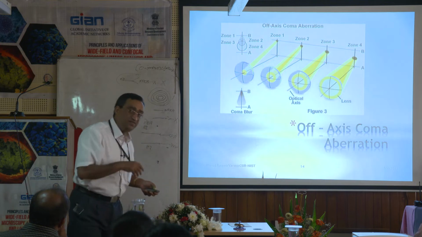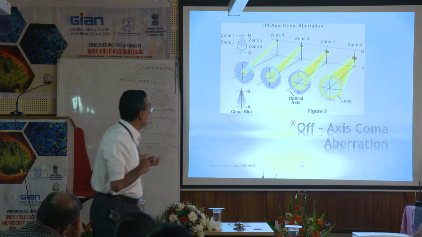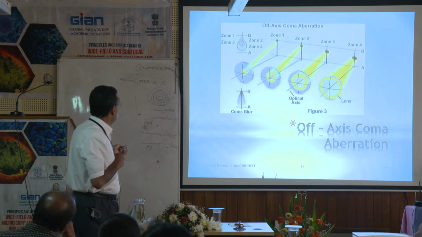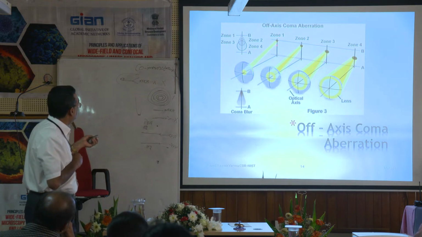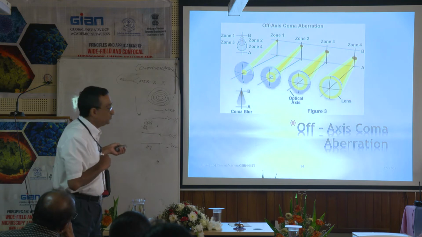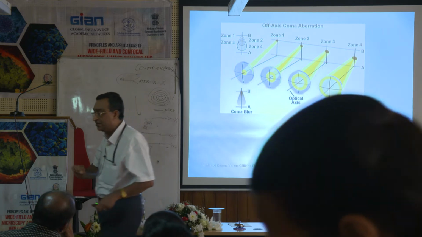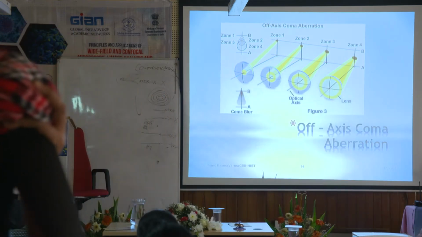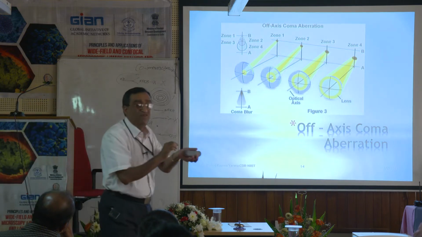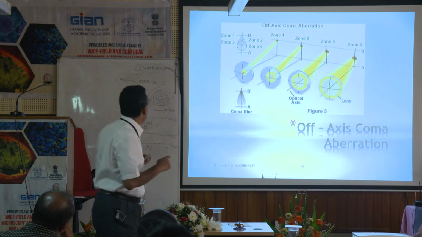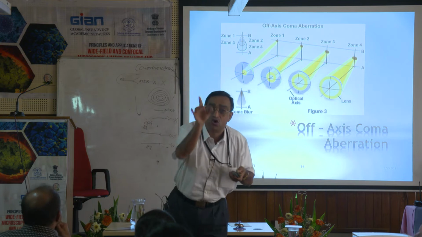Therefore, the other defects we can also see, for example, this off-axis coma aberration. When you project the image of a point object, instead of seeing one spot as a magnified spot, you start seeing a coma blur, something like what is known as a comet.